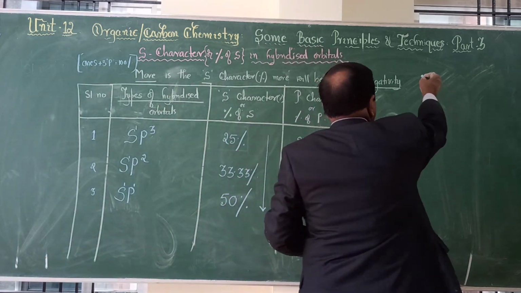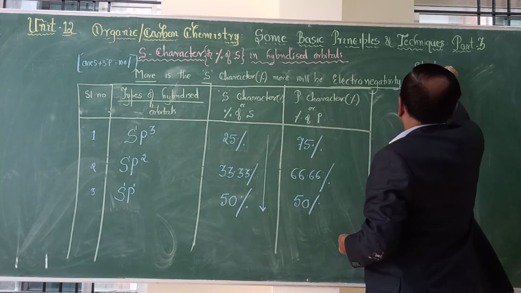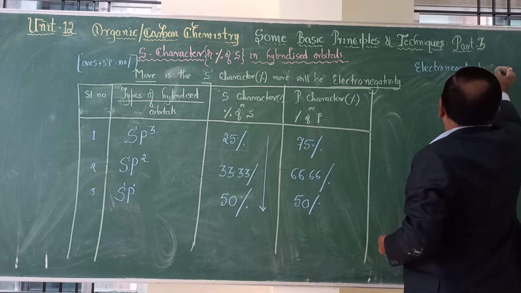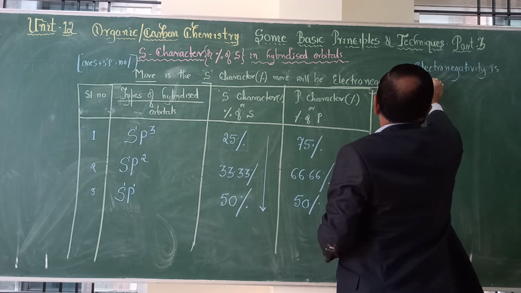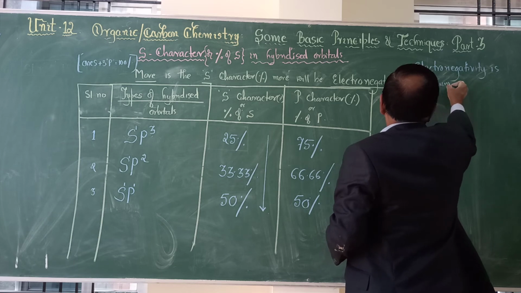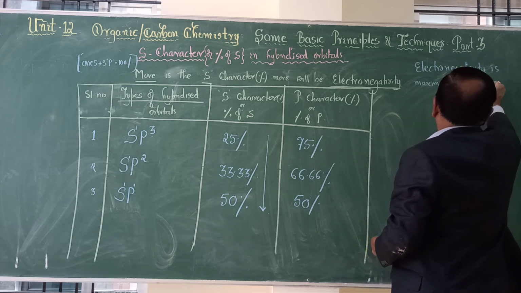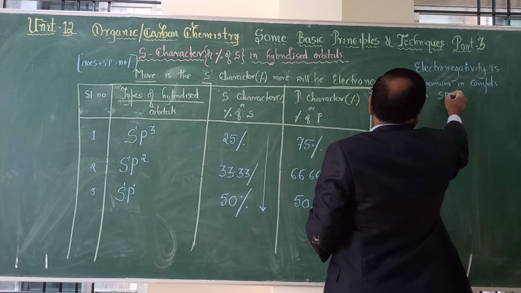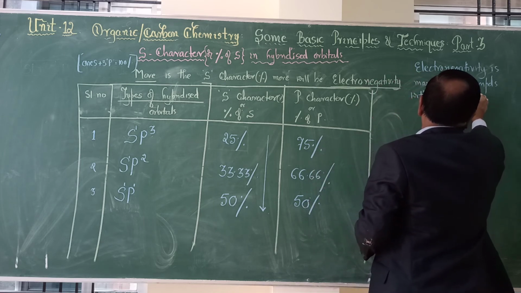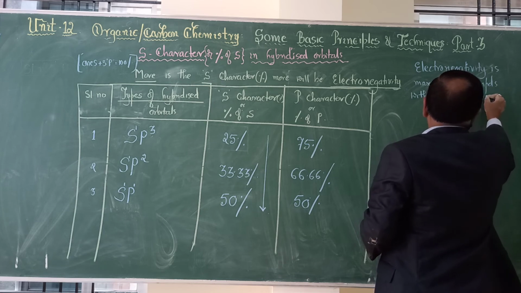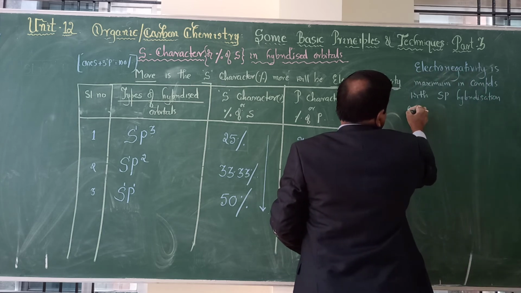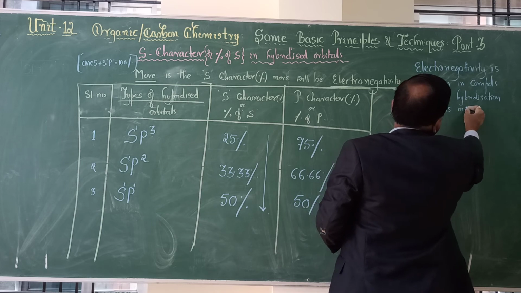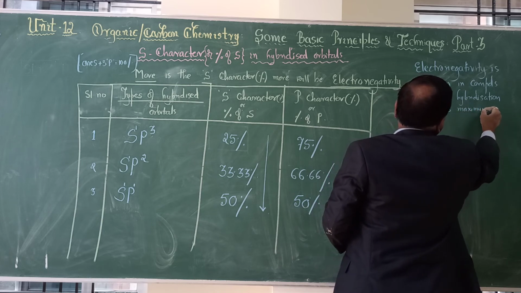Hence electronegativity is maximum in compounds with sp hybridization, as the S percentage is maximum.